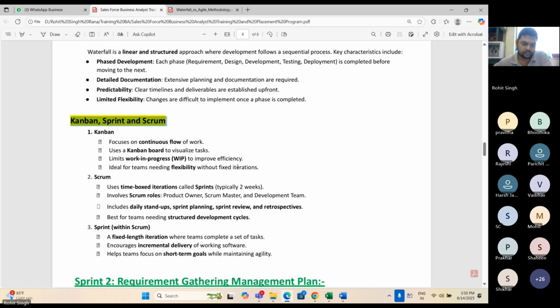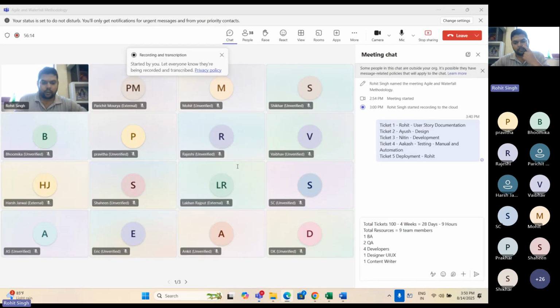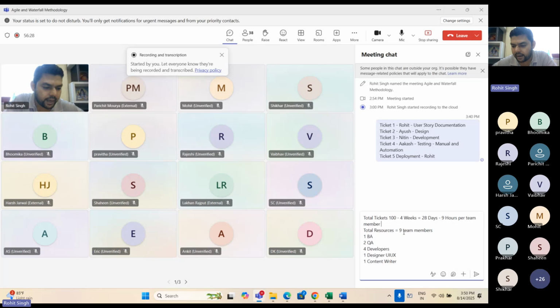So now this is the case study. I have 100 tickets, I have 4 weeks, I have 28 days, I have 9 hours per team member, and I have total 9 team members.